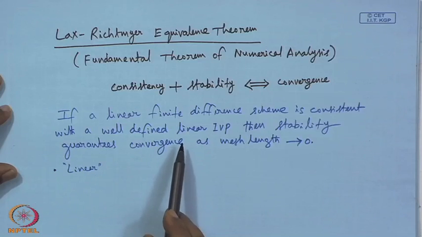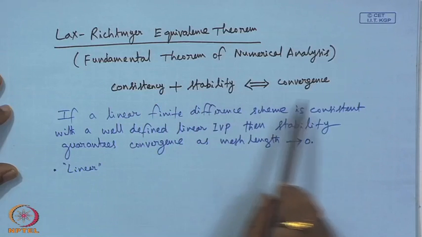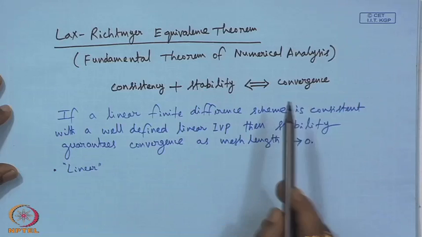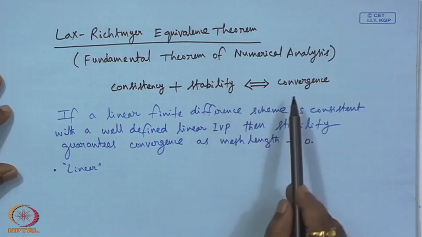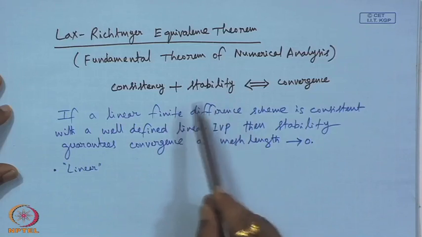However, this is restricted to linear problems. Moreover, consistency and stability ensuring convergence is trivial in some sense. However, the theorem assures the converse, convergence implies consistency and stability as well.